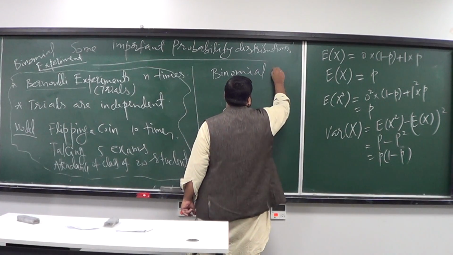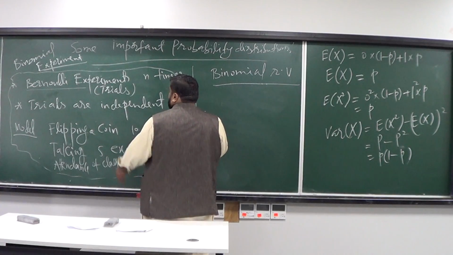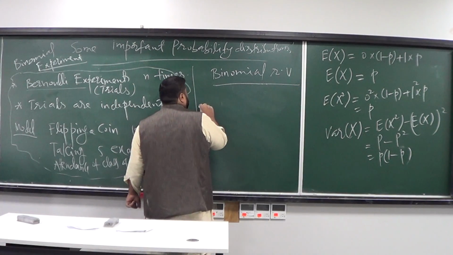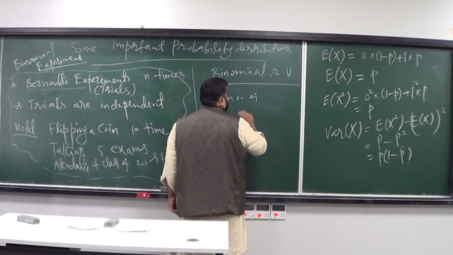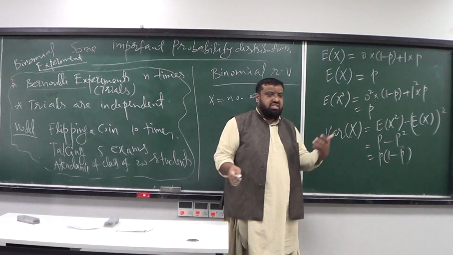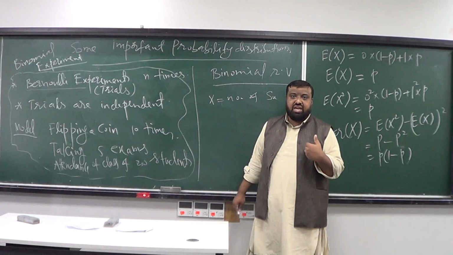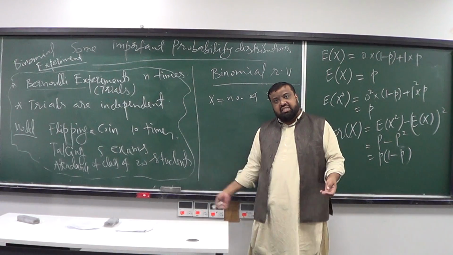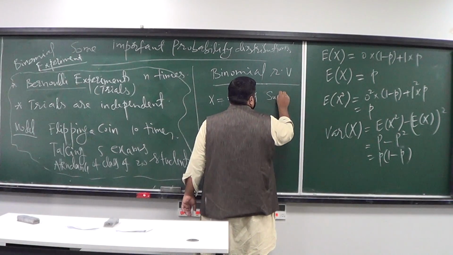Binomial random variable. So what is a binomial random variable? Imagine you do a Bernoulli experiment and X represents the number of, say, successes, whatever you associate successes with: head or tail, boy or girl, passing or failing an exam, presence or absence.